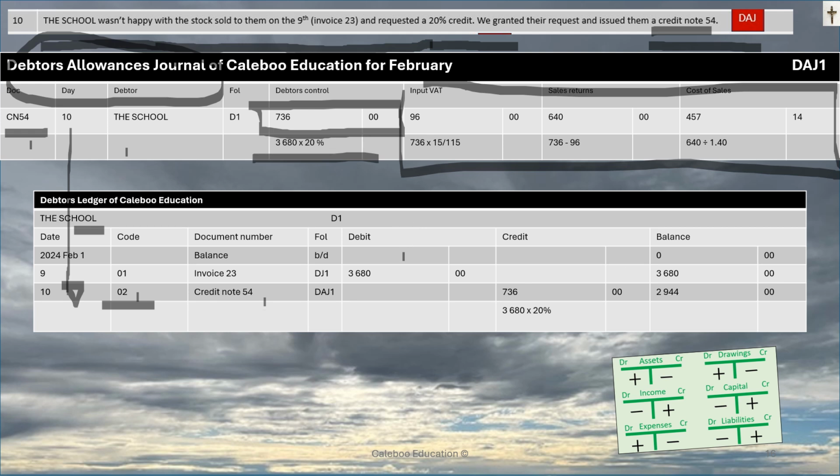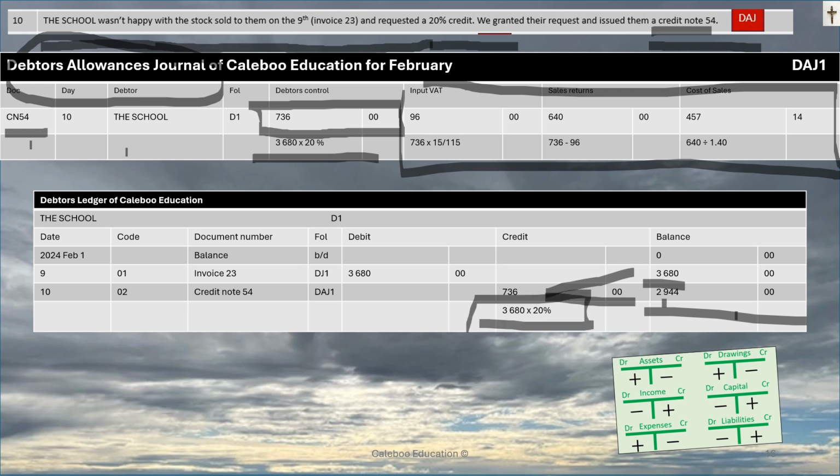And now what the school owes us, Caleboo Education, is 2944. You see, this is a running balance. 3680 minus the 736 is now 2944.